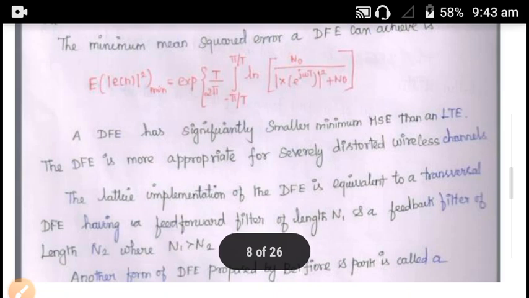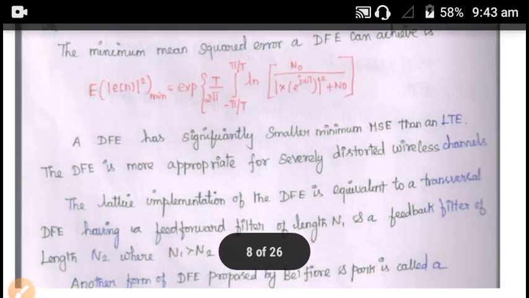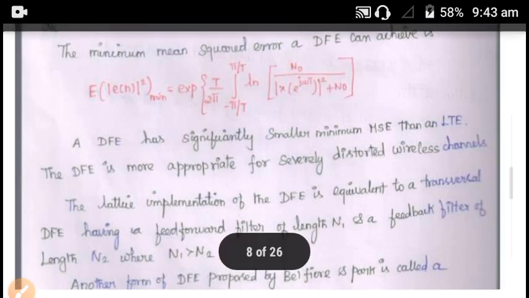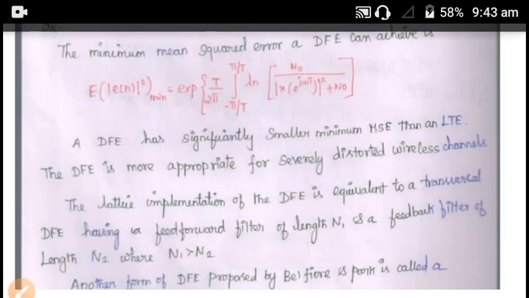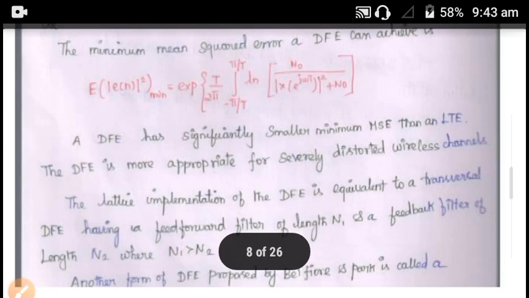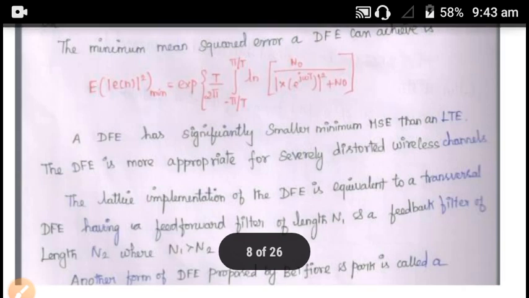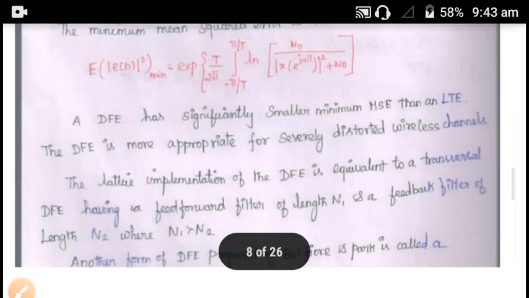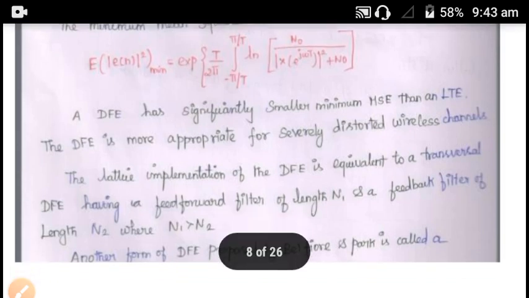So this decision feedback equalizer has significantly smaller minimum mean square error than a linear transversal equalizer. Here the minimum mean square error is reduced compared to the linear transversal equalizer, so it is more appropriate for severely distorted wireless channels.